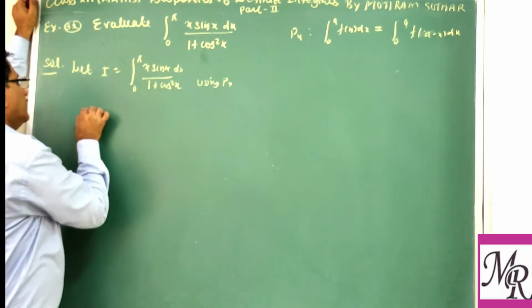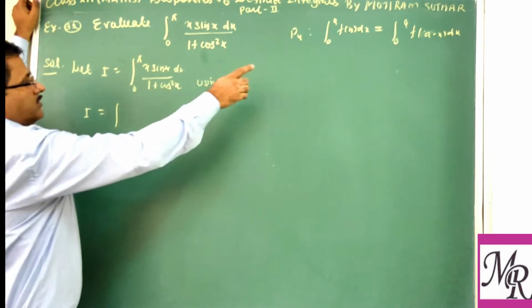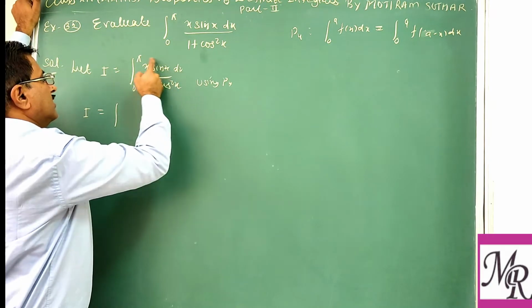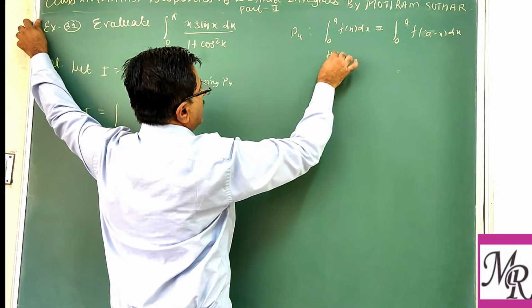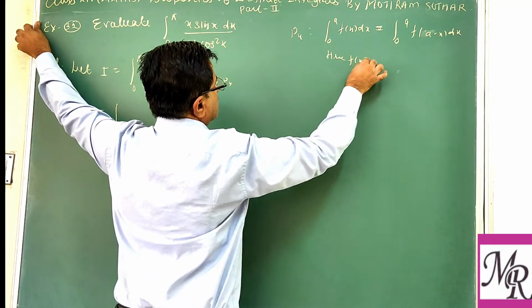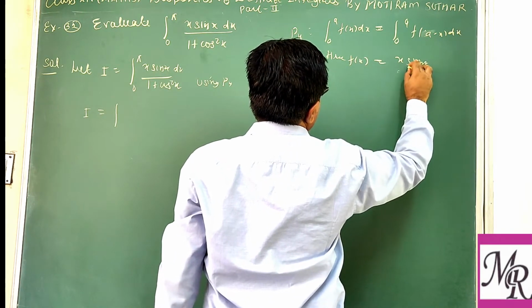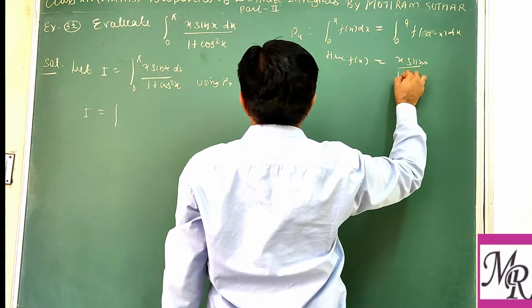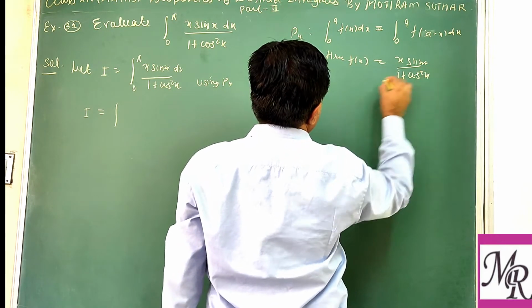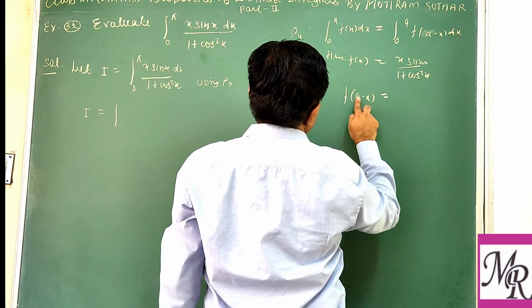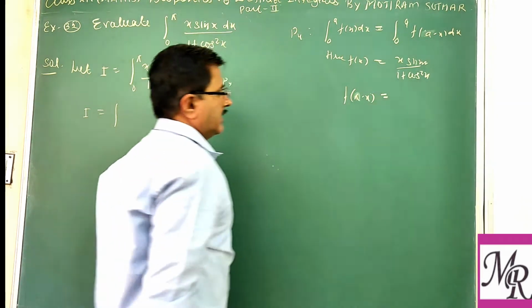So the left side is already I, and on the right side f(x) means this whole function. Here f(x) is equal to x sin x upon 1 plus cos square x. Then you have to write a minus x. Here a means pi, so we have pi minus x.